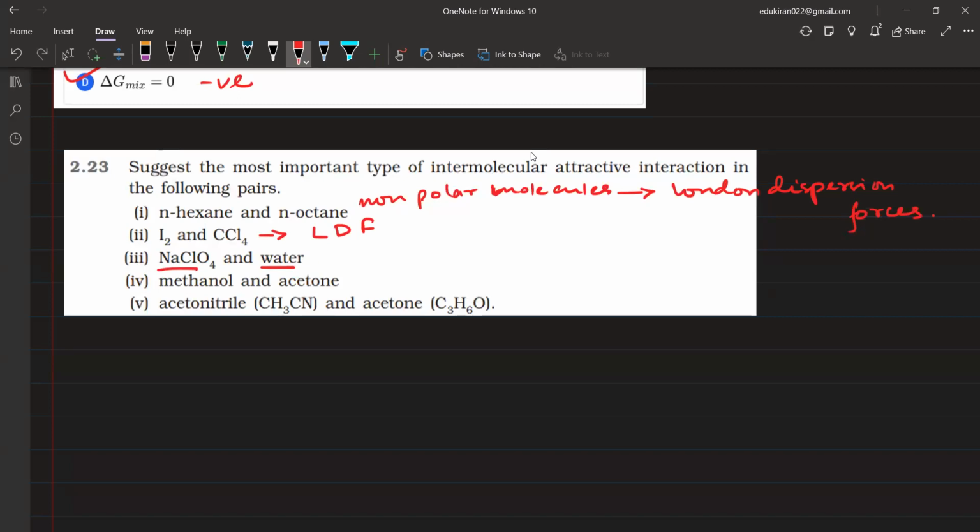What about this? NaClO4 is what? It is Na plus और ClO4 negative देगा ये, right? यहाँ पे क्या मिल रहा है आपको? You are getting ions in this case. And what is water?